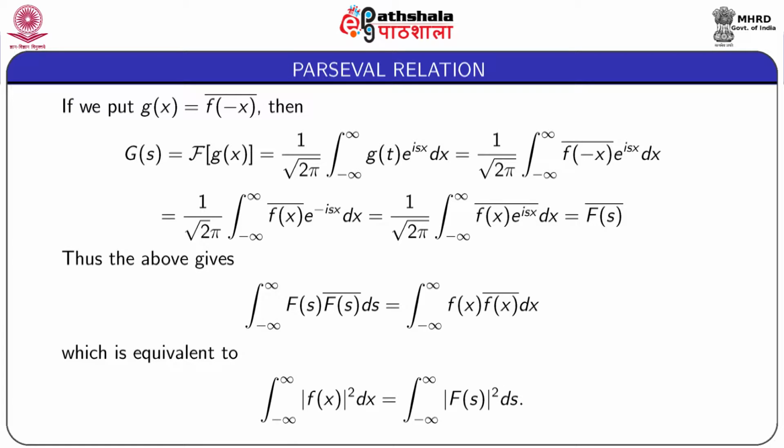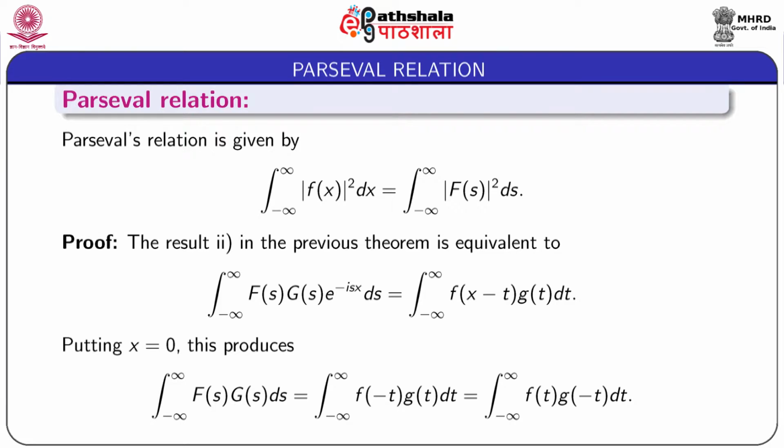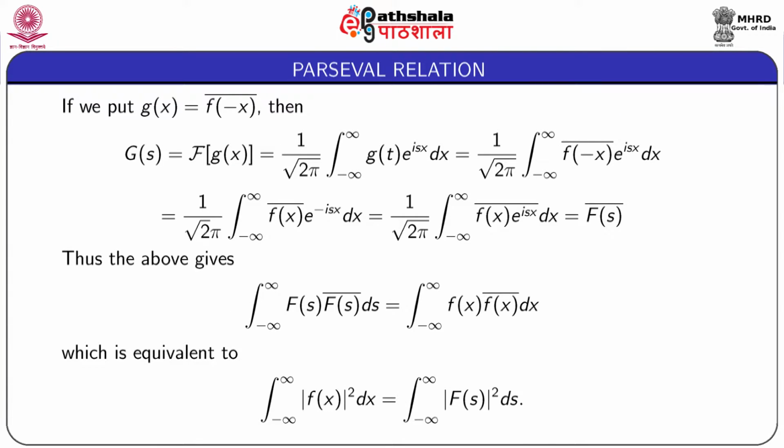In the previous result we put g(x) equal to the complex conjugate of small f of minus x, then capital G(s), which is the Fourier transform of small g(x), is equal to 1 by root 2 pi integral from minus infinity to plus infinity g(t) e to the power i s t dt, and that is equal to 1 by root 2 pi integral from minus infinity to plus infinity of f(-x) bar into e to the power i s x dx.